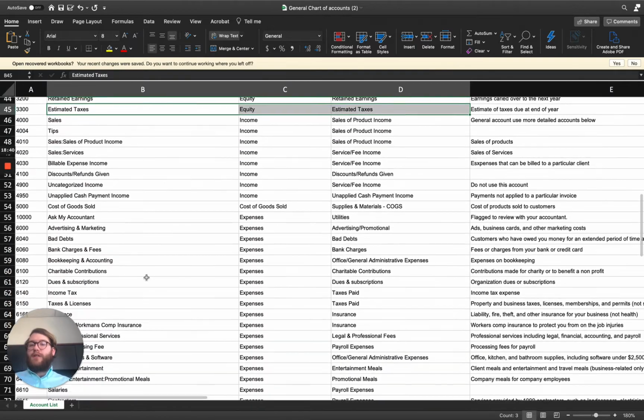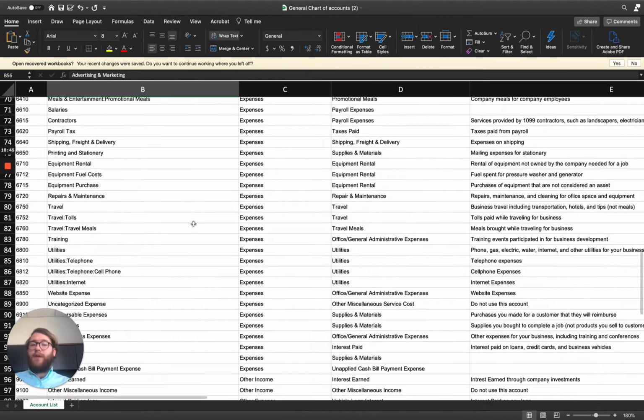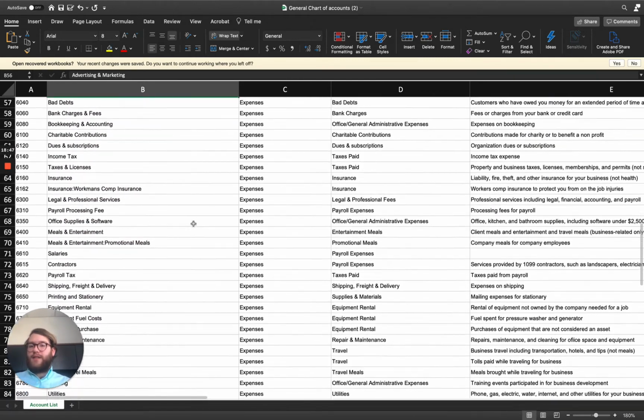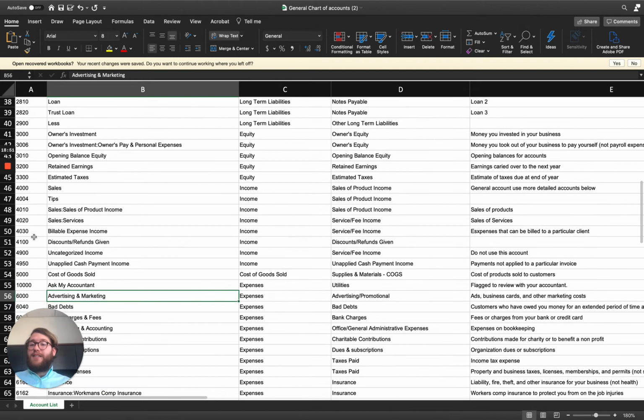As we move on down here to the income and expenses, this is going to become a little less customizable. Income is any type of money that you receive into the company as primary income.